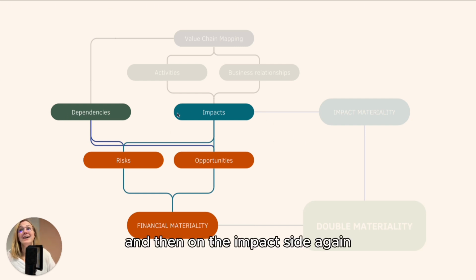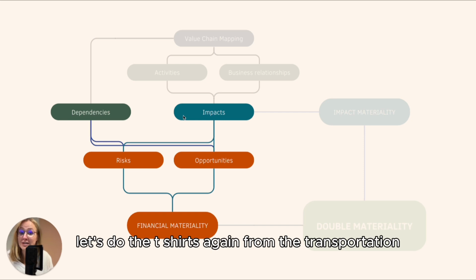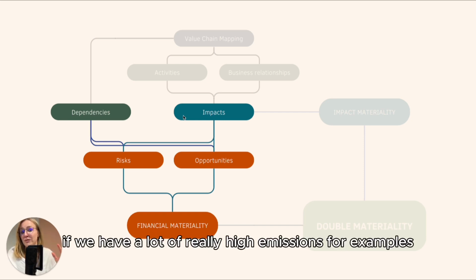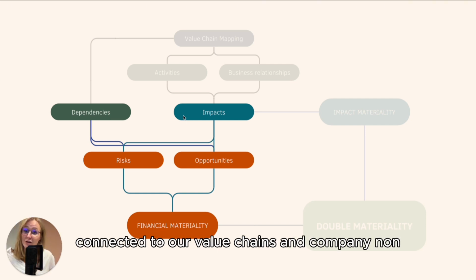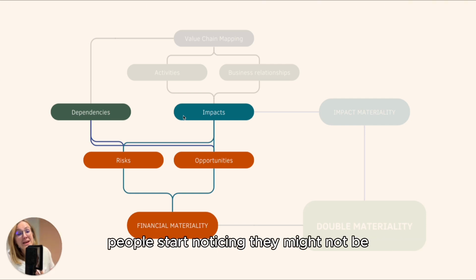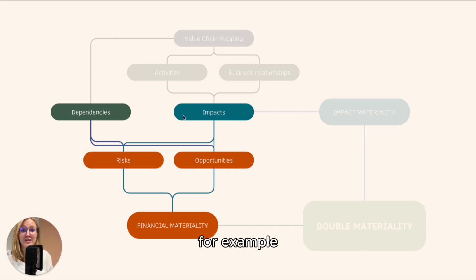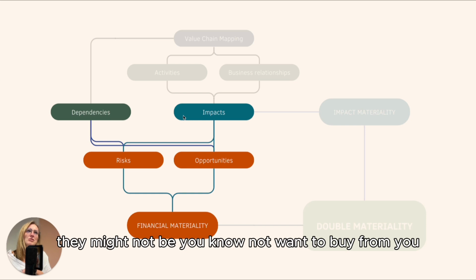And then on the impact side, again, remember, let's do the t-shirts again, from the transportation, all that jazz. If we have a lot of really high emissions connected to our value chains and people start noticing, and you're a lot worse than your competitors, for example, they might not want to buy from you, essentially.